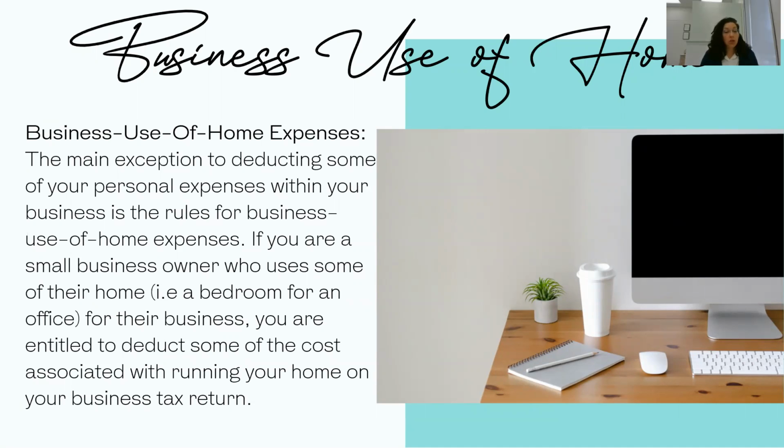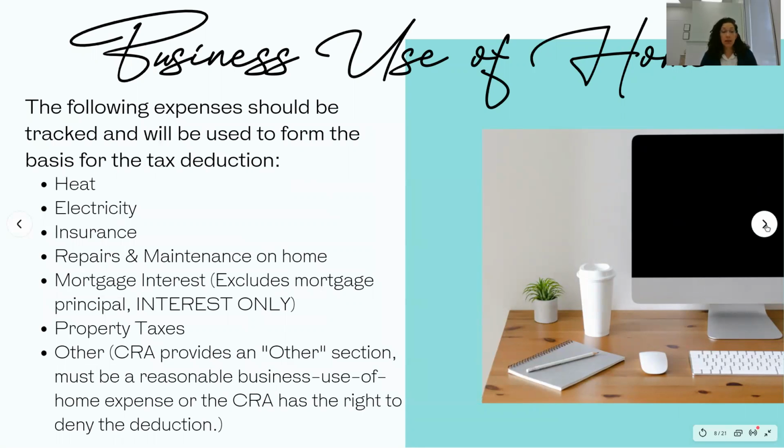You can use your personal expenses in here. You're entitled to deduct some of the costs, and there is an actual calculation that we go through and show how to do that.